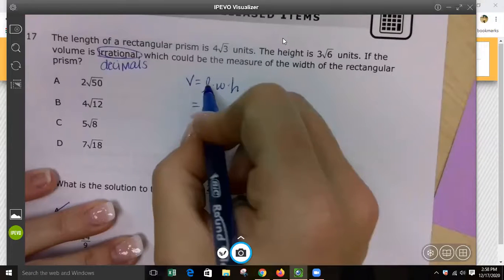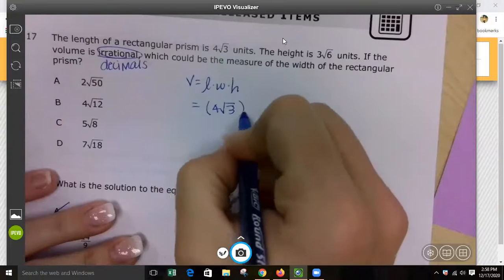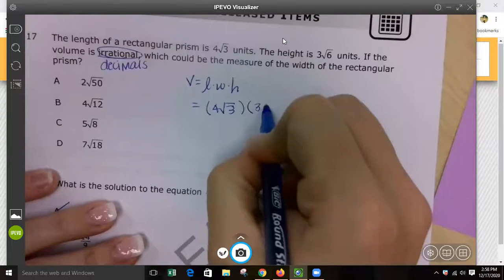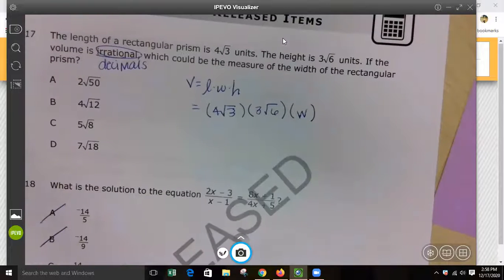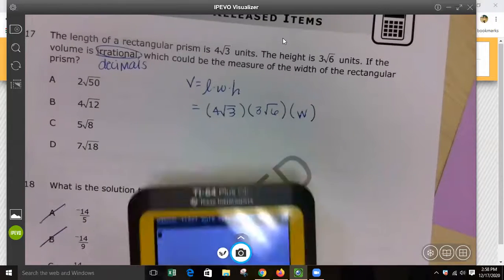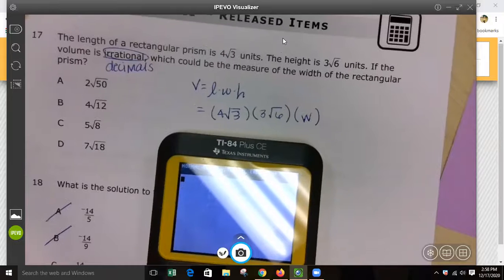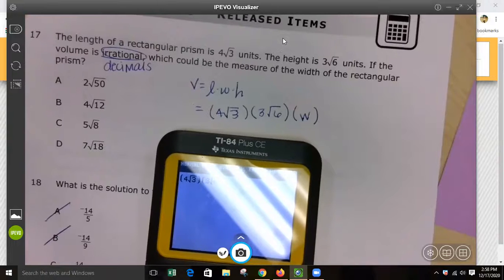So we know that the length is 4 square root 3. The height is 3 square root 6. And we want to know what width makes it irrational. So you're literally just plugging in your answers, okay? So 4 square root 3, 3 square root 6.